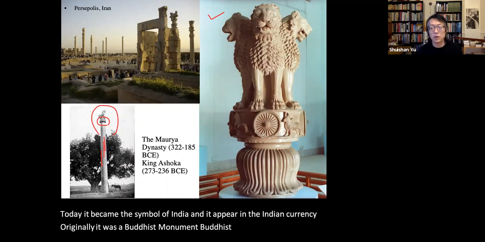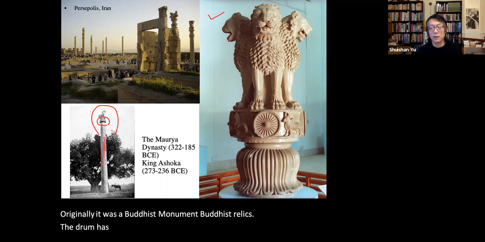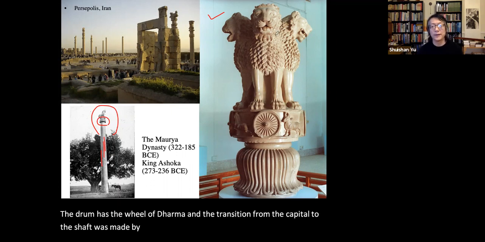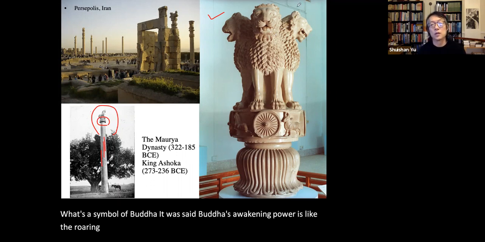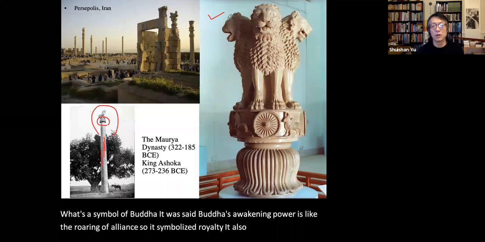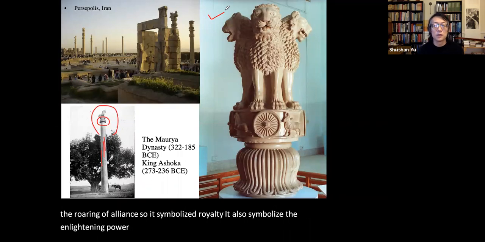The drum has the wheel of Dharma, and the transition from the capital to the shaft was made by the lotus petal. And the lion was a symbol of Buddha. It was said Buddha's awakening power is like the roaring of a lion. So it symbolized royalty. It also symbolized the enlightening power of Buddhist teaching.